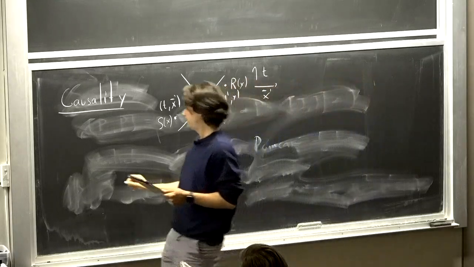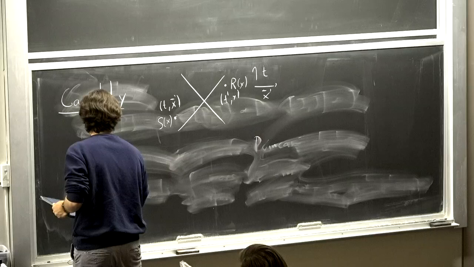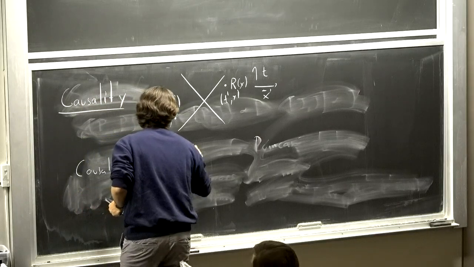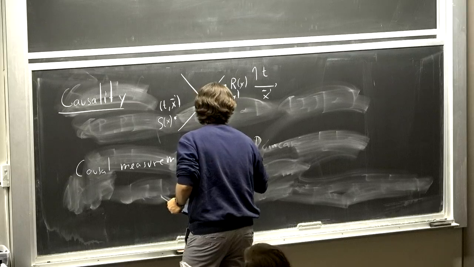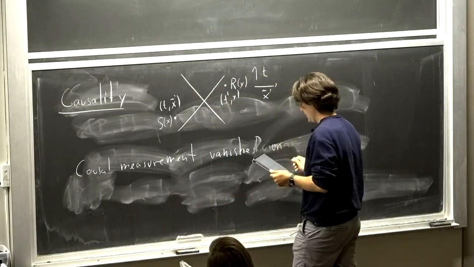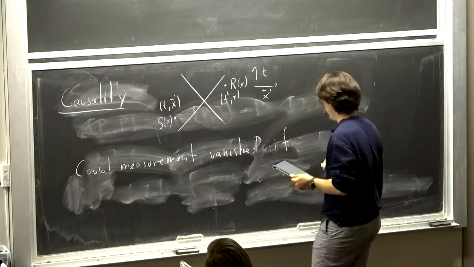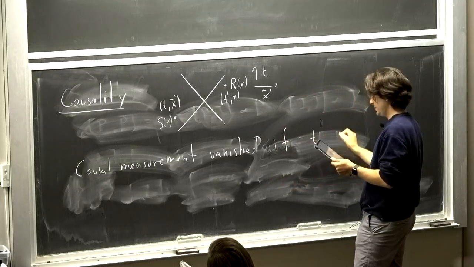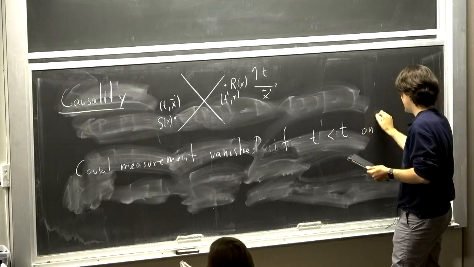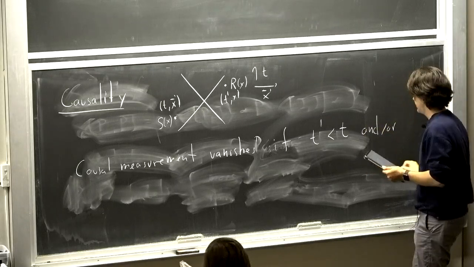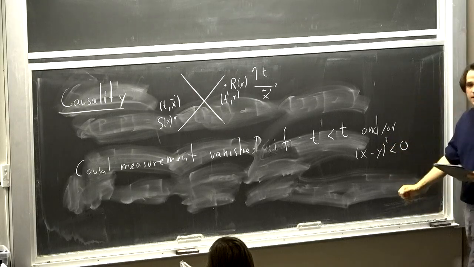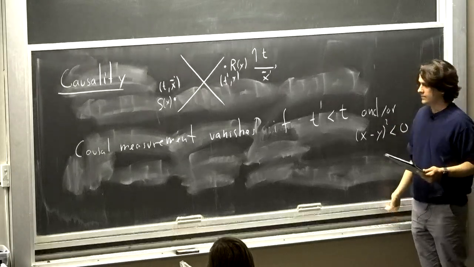Let me write it. It vanishes if t prime is less than t, and/or if these points are space-like separated.